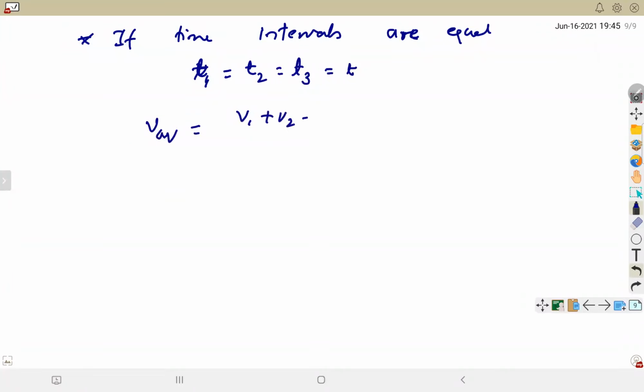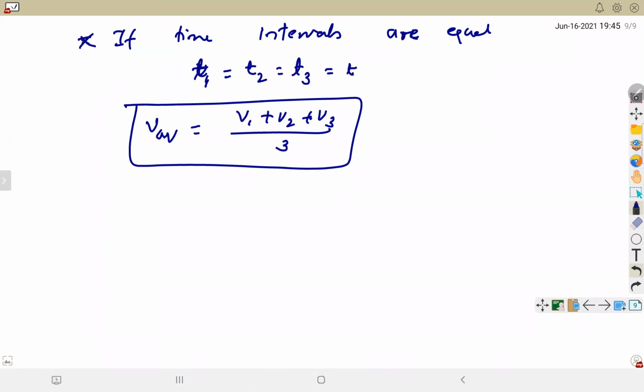Then the average speed will become mean of v1 plus v2 plus v3. It becomes the arithmetic mean. So ये क्वेश्चन की लैंग्वेज में कुछ ऐसे आया था, arithmetic mean or the normal mean of all these speeds.